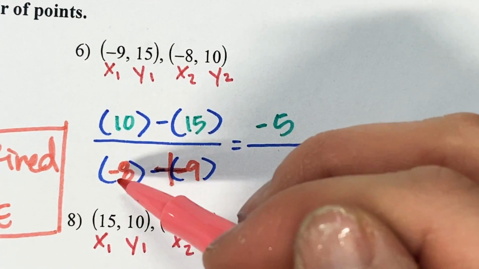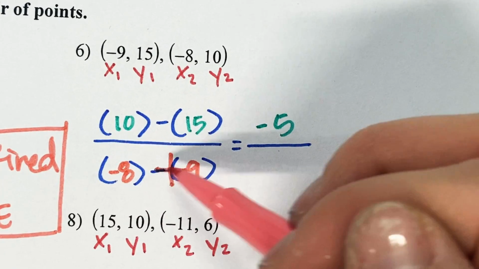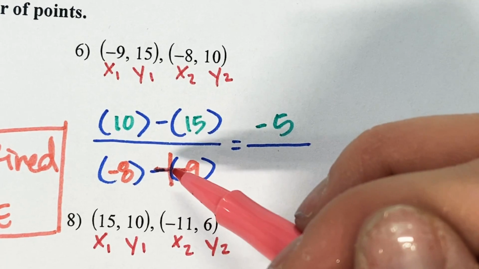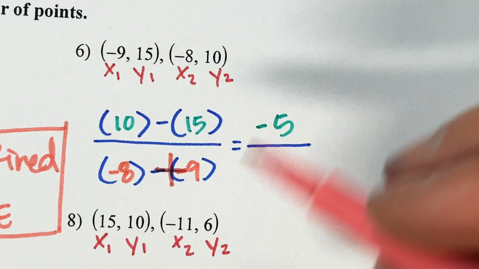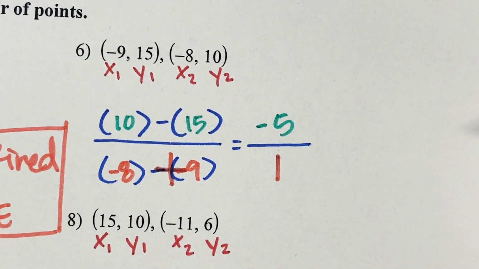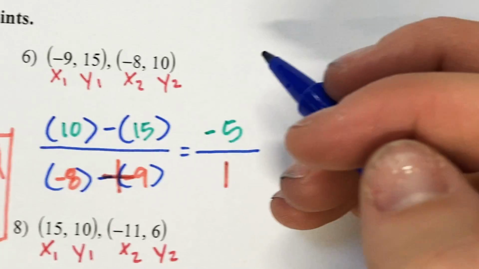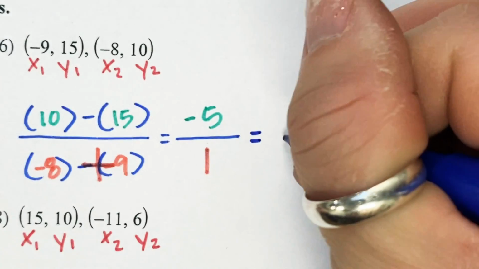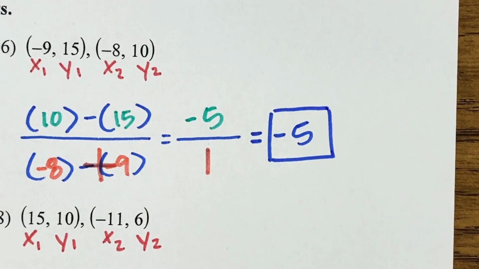Okay, the 8 is still negative because that sign's in front, but because we have these two negatives right next to each other, they become addition. So what is negative 8 plus 9? That's going to give me a positive 1. Okay, and because we can rewrite negative 5 over 1 as just negative 5, that is our answer.